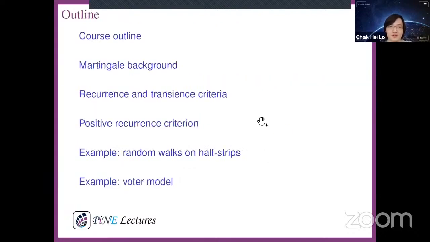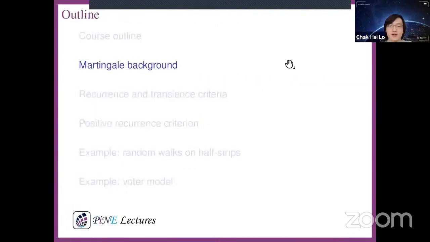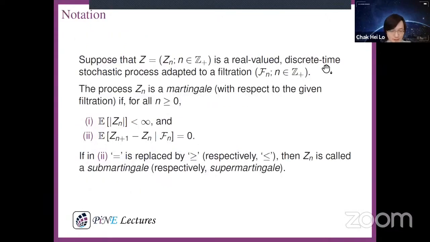Right, so let's go for the martingale background. Let's start with Z. So Z equals Zn, n in Z plus, is a real-valued discrete-time stochastic process adapted to the filtration Fn. Let's recall what a martingale is. A process Zn is a martingale with respect to the given filtration if for all n greater than or equal to 0, we have the following 2 conditions.